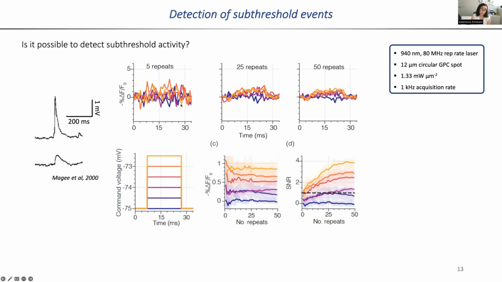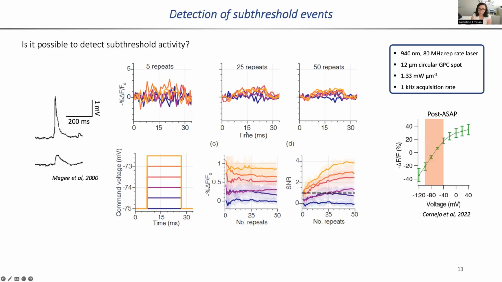And what we saw was that with only 5 repeats, averaging only 5 repeats, we were not able to distinguish the signal from the noise. But after averaging several times, we could, in our condition, detect steps of subthreshold activity down to 1 millivolt.